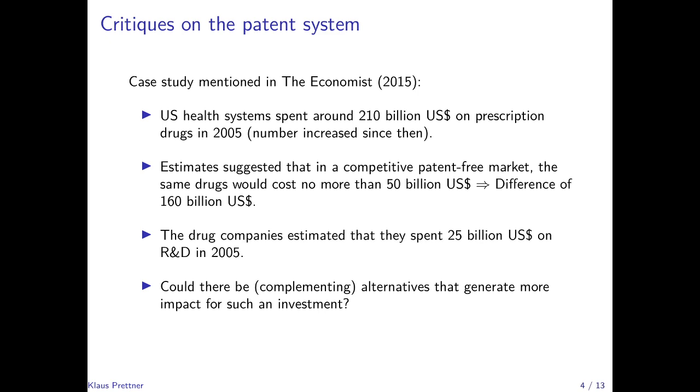And one may wonder whether these $160 billion would not have been better invested by spending it directly on governmental funded R&D, or in other ways, basically, to incentivize research and development.